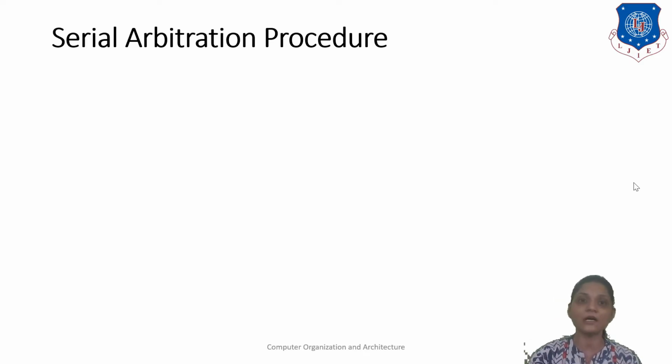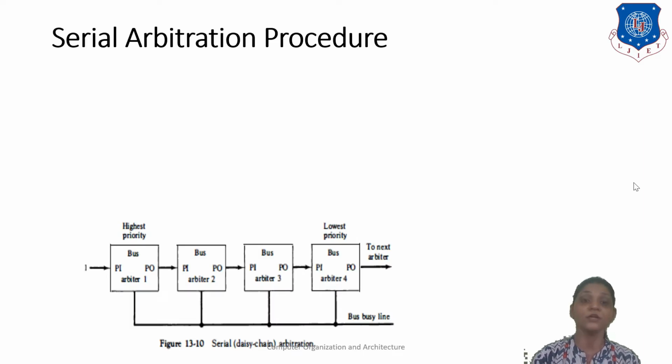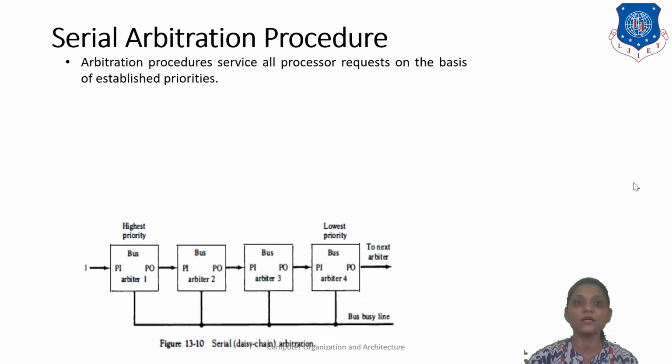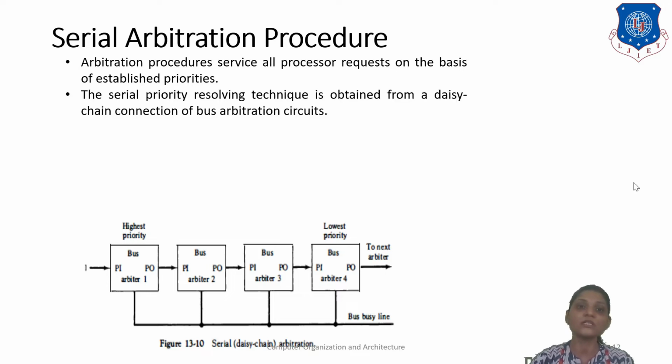In the serial arbitration procedure, we use the daisy chain arbitration. This arbitration process services all the processor requests on the basis of established priorities. The serial priority resolving technique is obtained from the daisy chain connections for the bus arbitration circuit.